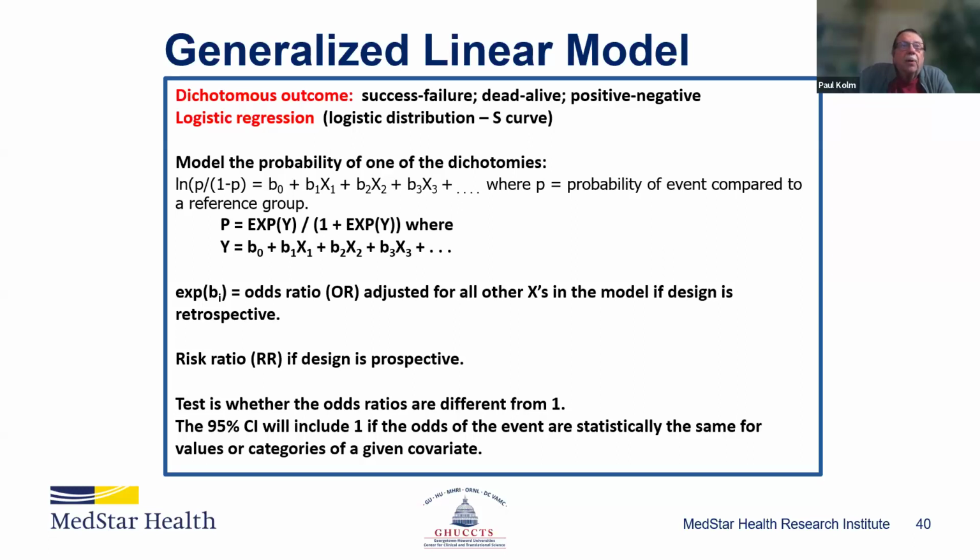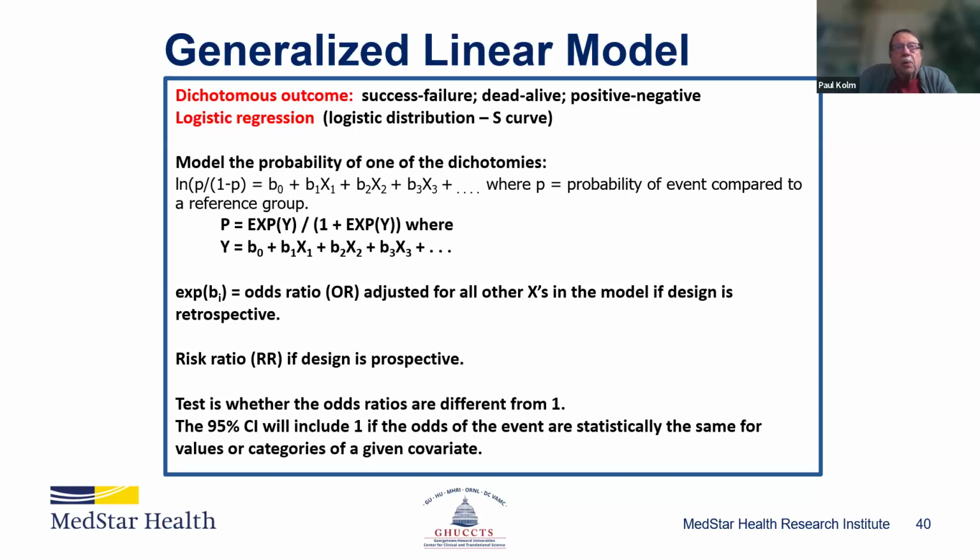And so we have the log of the probability of the event over 1 minus the probability of the event, which is the odds of the event. And so our log odds, then, when we solve for our regression coefficients, if we exponentiate those, then we get the well-known odds ratios.